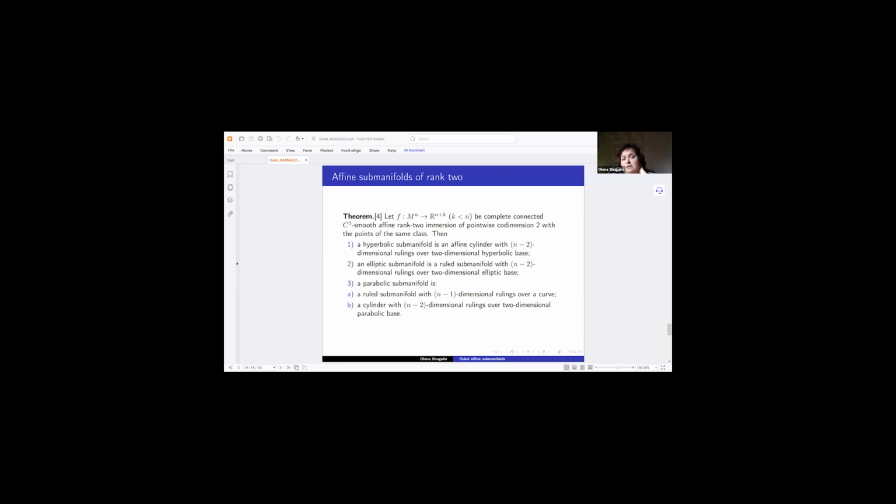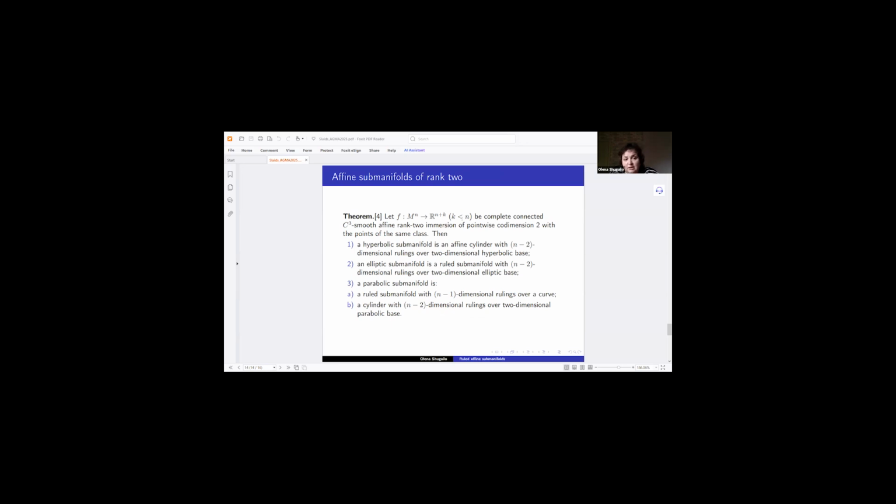So in this case, the point classification of an affine rank 2 immersion coincides with the point classification of the affine immersions of the base surface. This theorem was obtained, but now we can look at this theorem from a new point of view.